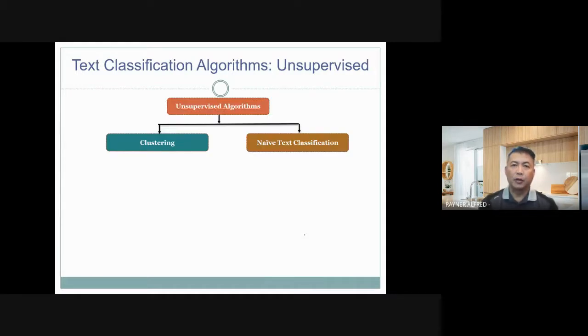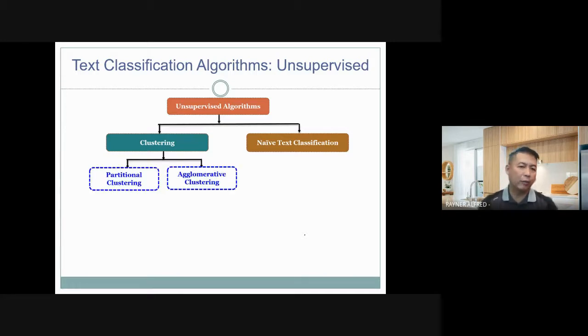Yeah. So for this lecture, we will look into unsupervised algorithms first, in which we look into clustering and naive text classification. For clustering, we have two types of clustering. One is partitional, and the other one is agglomerative.